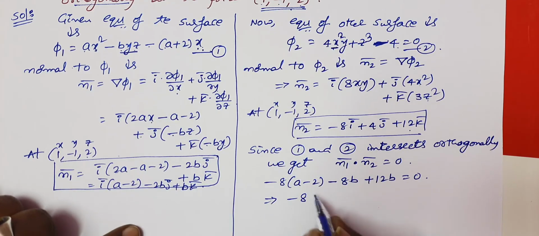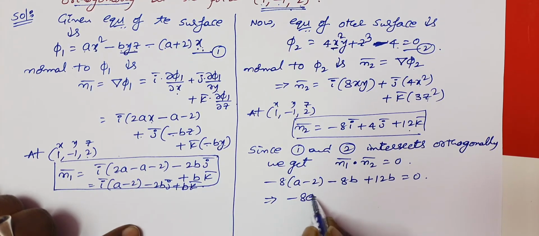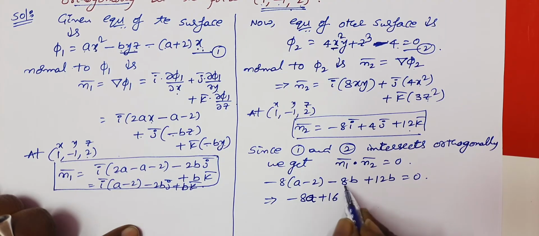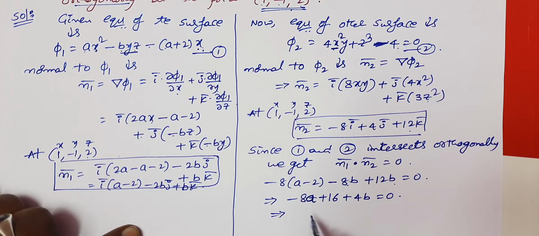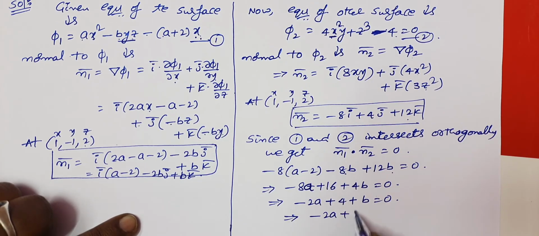So minus 8a minus of minus plus 16, minus 8b plus 12b, it would be 4b is equal to 0. 4 gets cancelled. Minus 2a plus 4 plus b is equal to 0. So how can we write this one? Minus 2a plus b is equal to minus 4.